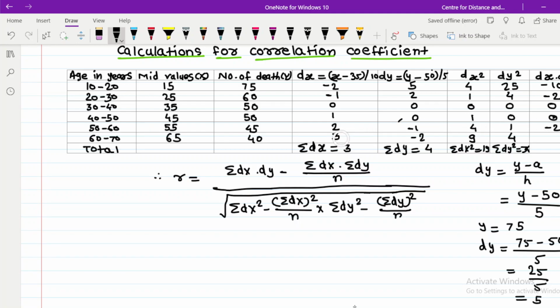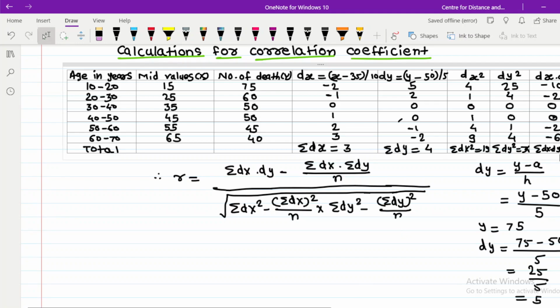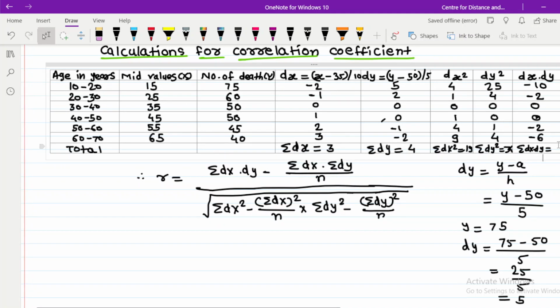And 3 into minus 2 is minus 6. Then summation dx dy is minus 10 minus 2 is minus 12, minus 12 minus 2 is minus 14, minus 14 minus 6 is minus 20.